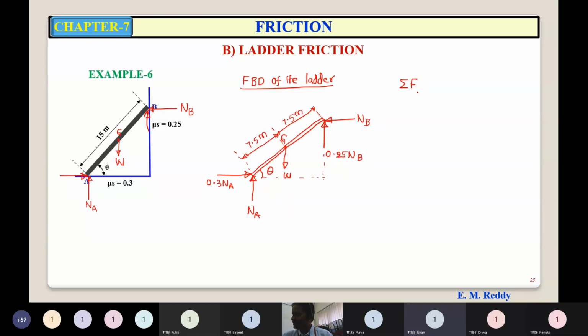Let's check. My answer is not matching with that. Let us see. First, please check these equations. Summation Fx = 0: 0.3 NA minus NB = 0.